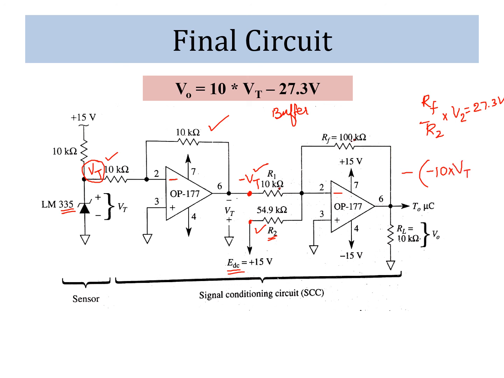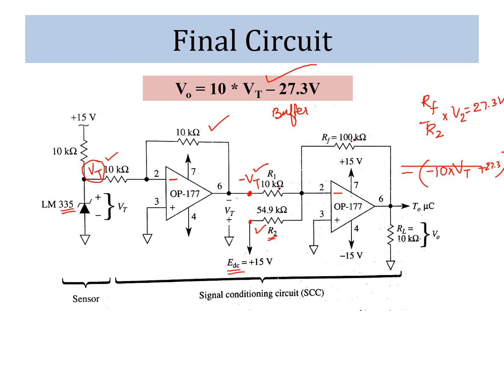Why do I have a minus? Because this minus Vt is here, so this is minus 10 into Vt plus this 27.3. So when I open this up, it will be exactly the same equation we are looking for.